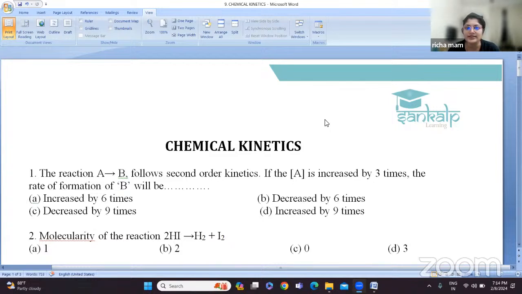Dhanush has answered it as A. Others? What about others? Vinushre has also answered it as A. Others, try to answer.